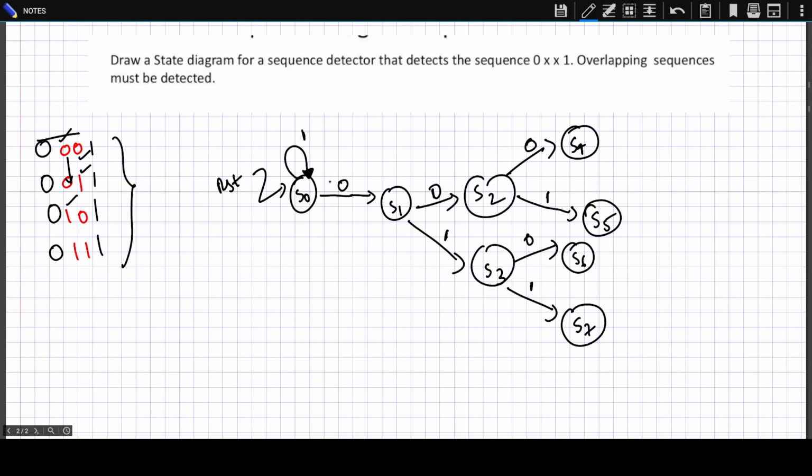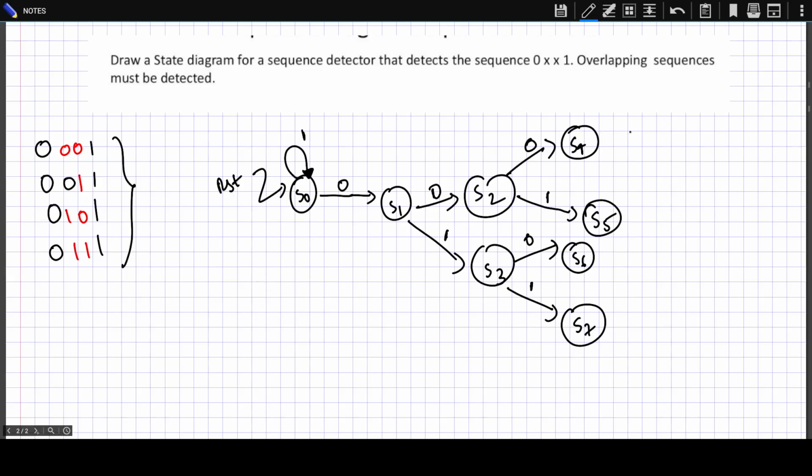If I get a 1, we would match 0 0 1. We are actually detecting overlapping sequences now, so we should be careful about where the next state is going after detecting a particular sequence.